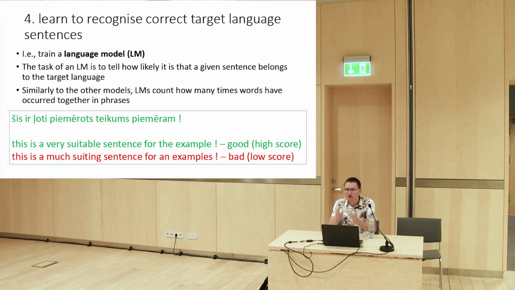And also because we are working with phrases, and each of those models is n-gram based, it can be that there are a lot of morphological disagreements between words. So you would have the cases wrong or genders wrong, etc.